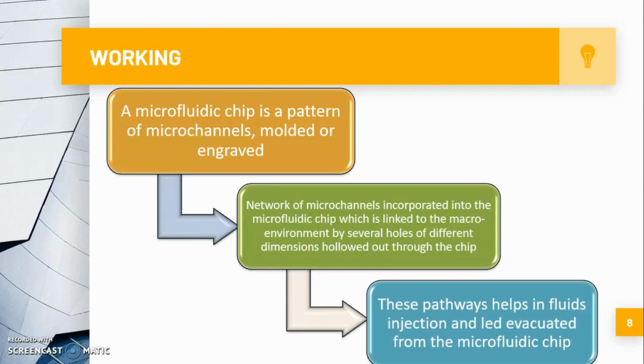It is through these pathways that fluids are injected and evacuated from the microfluidic chip. Fluids are directed, mixed, separated, or manipulated to attain multiplexing, automation, and a higher throughput system. These microfluidic channels must be precisely elaborated to achieve the desired features.